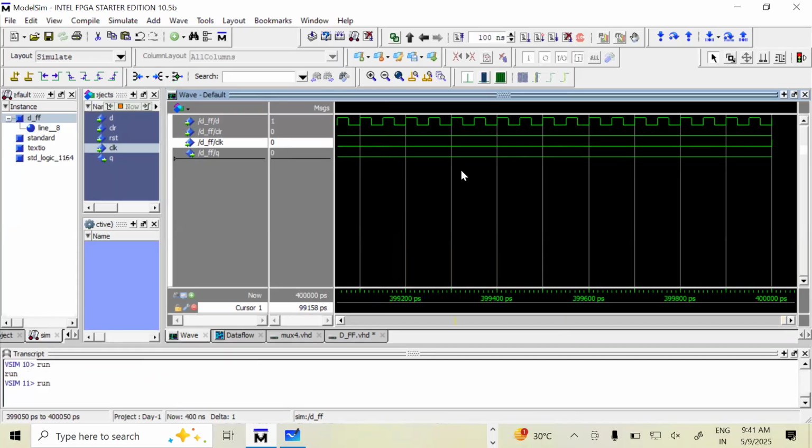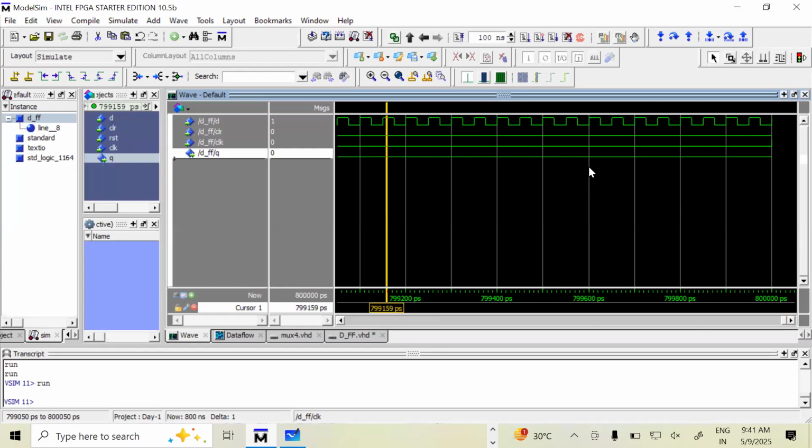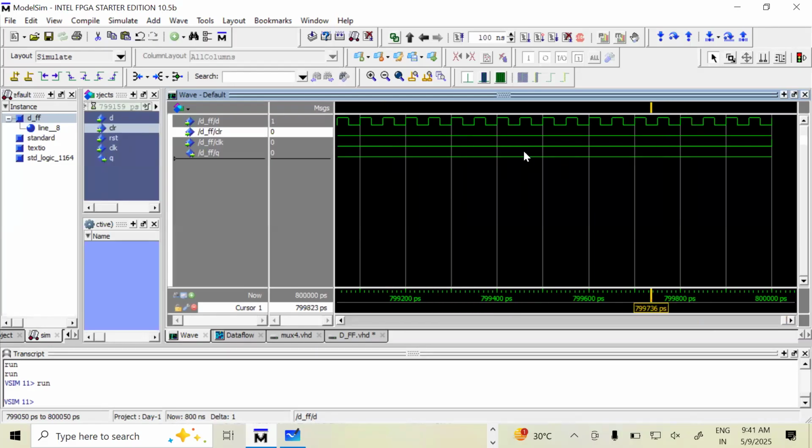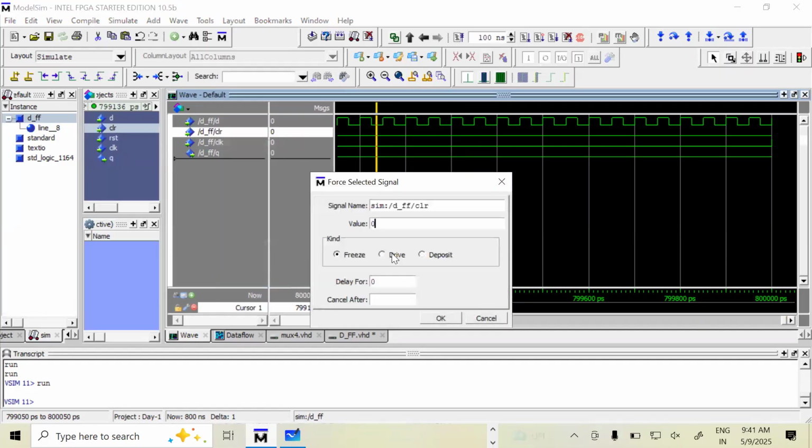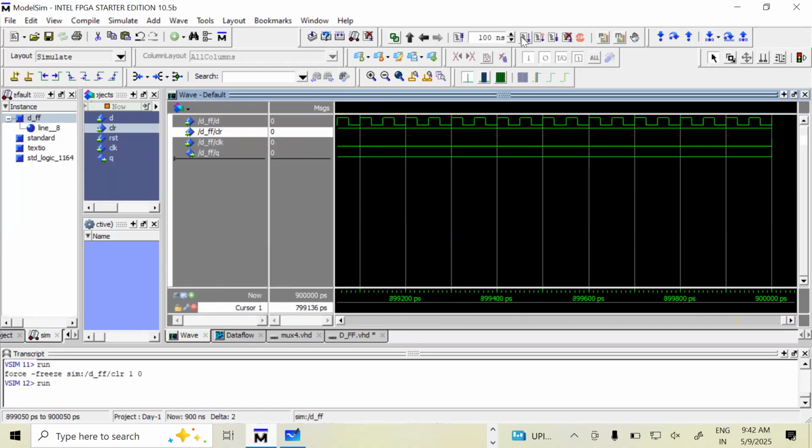Even on applying the clock, since clear is 0, the clock is ineffective, and Q is always 0, irrespective of the inputs that are changed. Now, let clear be 1. Then see, is it affecting the output or not?